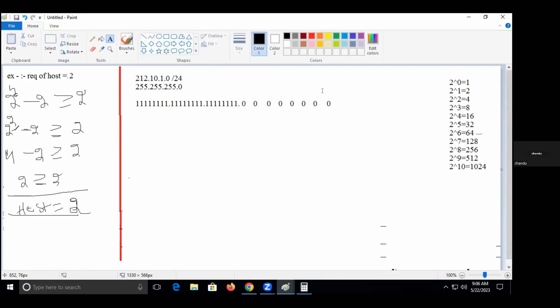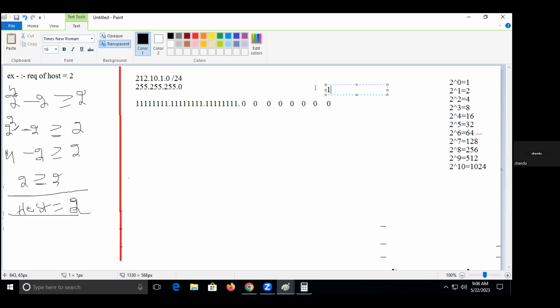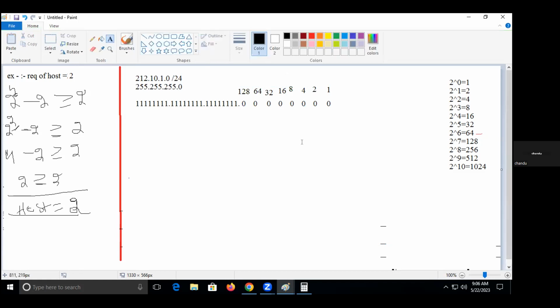The values are 1, 2, 4, 8, 16, 32, 64, and the last one is 128. So that makes 128, 64, 32, 16, 8, 4, 2, 1, which completely makes 255 as well.